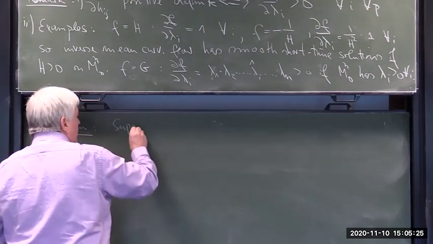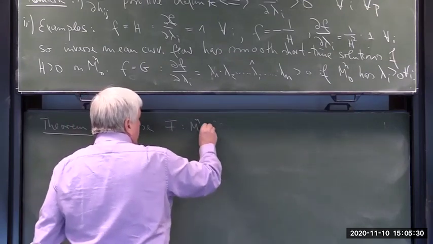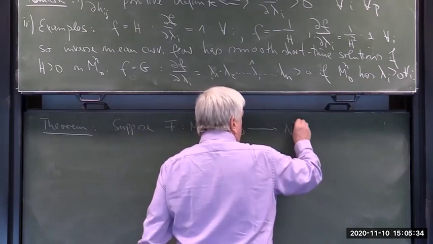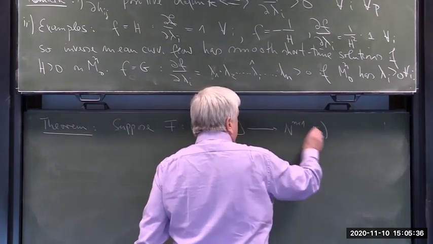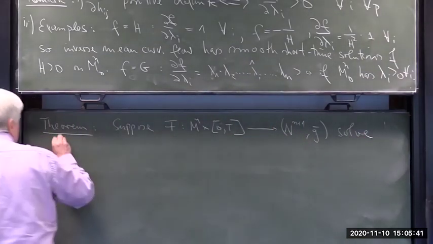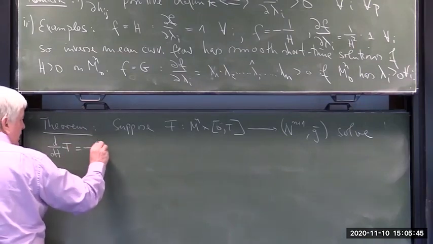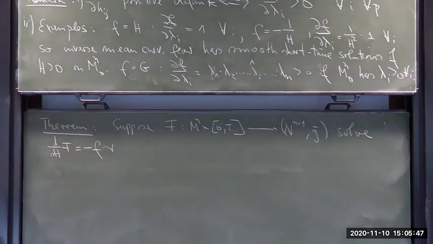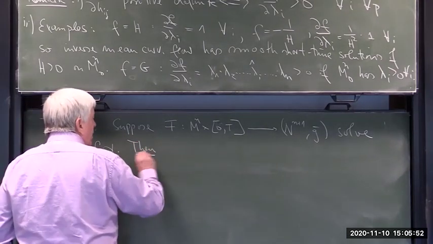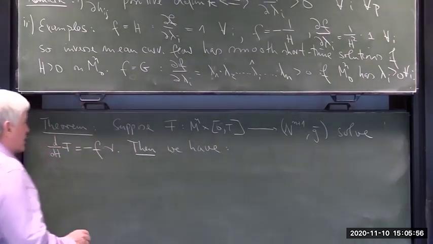Suppose F: M^n x [0,T) to (N^{n+1}, g-bar) solves d/dt of the position vector is equal to minus speed f times a choice of unit normal. Then we have the following evolution equations.